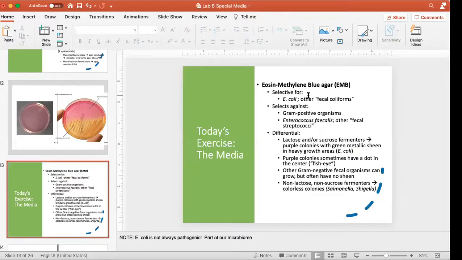Now, I have this term in quotes here because this is sort of a broad description of gram-negative bacteria that grow in the intestine and are often found in the feces. And we sort of call them very generally fecal coliforms.